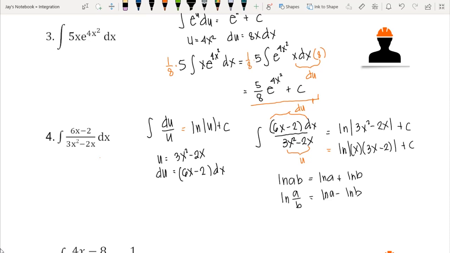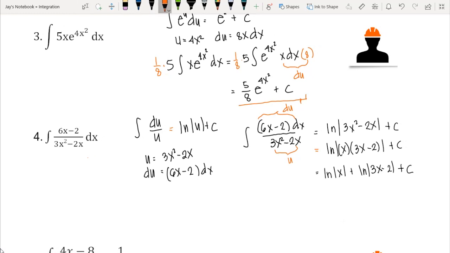I hope it has been discussed to you in your trigonometry or your algebra. So we can divide it into natural logarithm of x plus natural logarithm of 3x minus 2 plus c. This is our simplest form for the integration of 6x over 6x squared minus 2x.